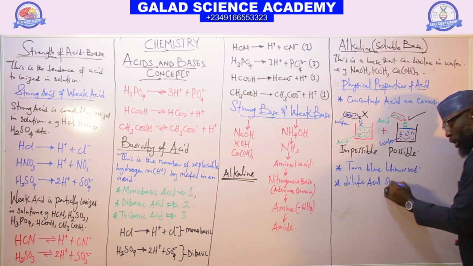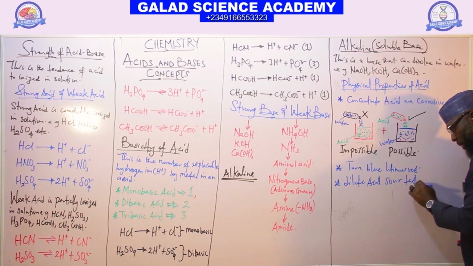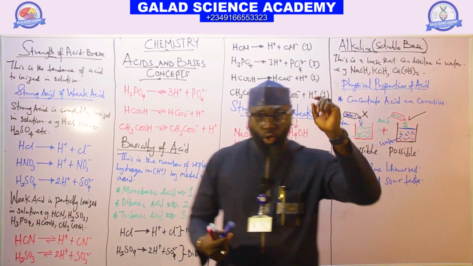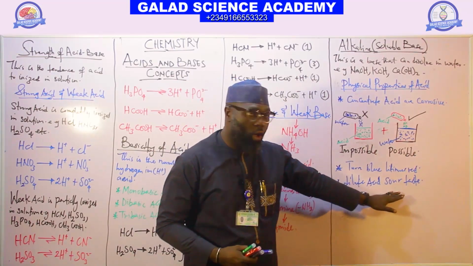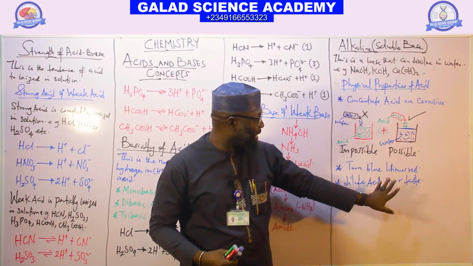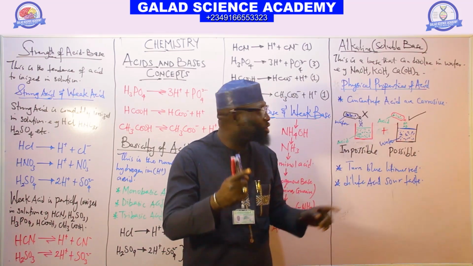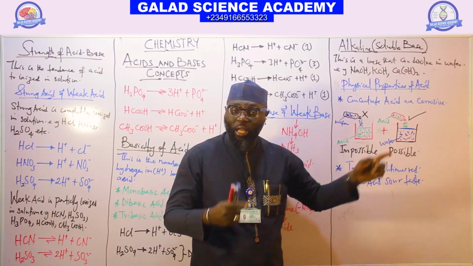They give us a sour taste, like the taste of unripe fruit. Do you know the taste of unripe fruit is sour? So the diluted acids give us a sour taste. Don't ever try to taste the concentrated acid though. That will burn your mouth.